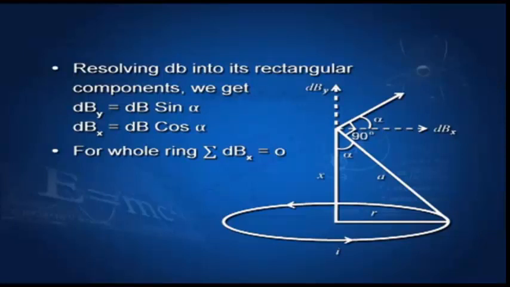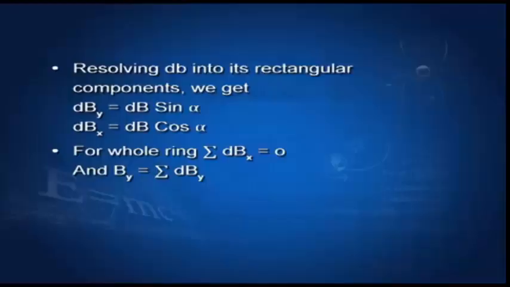As dBx is along the x-axis, when we move the current element on the whole loop, the dBx will also move in the loop. As a result, the summation of dBx will be 0 because the opposite parts of dBx will cancel each other. Whereas the magnetic field along the y-axis, say By, will be equal to the summation of dBy.